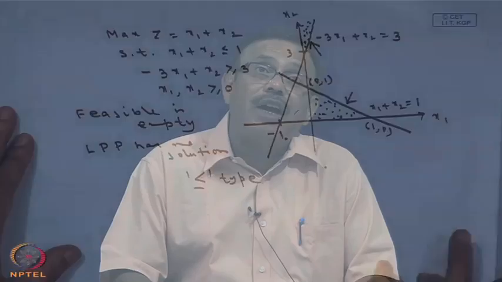So, it is not that every LPP problem has a solution. As I told in the first example, there is only one optimum point where you get the optimum value of the objective function. In this second example, there is no solution, because the feasible region is empty.